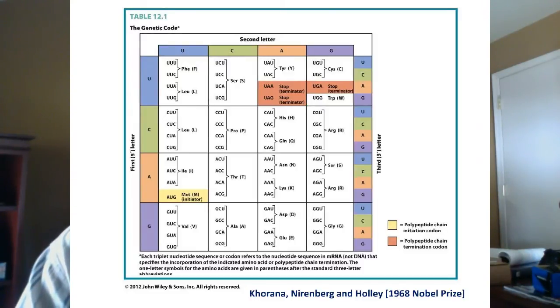There are a couple that you should pay close attention to, and that is these special, what I'll call punctuation marks, and that is AUG. It is the only triplet codon that codes for methionine, and that is the start codon.